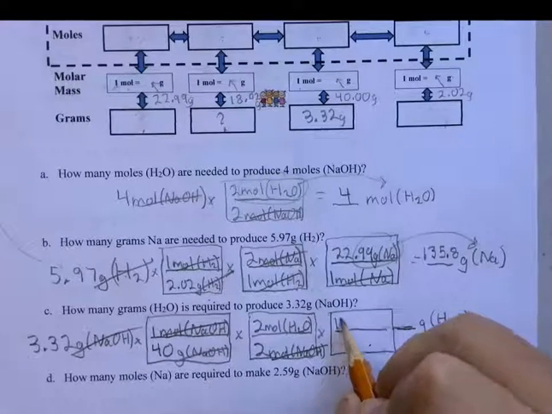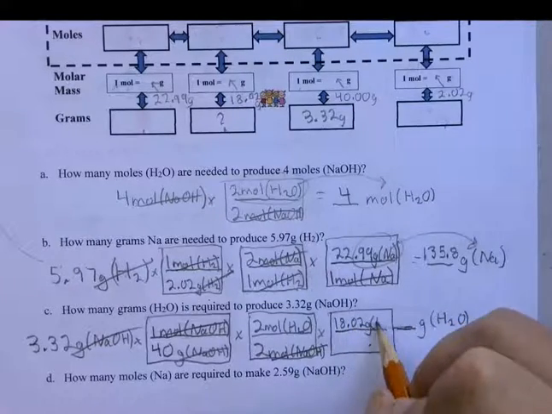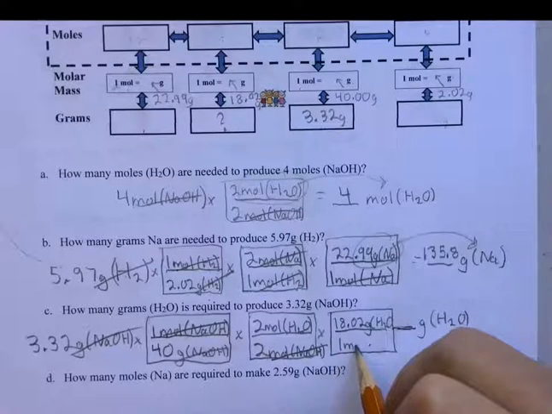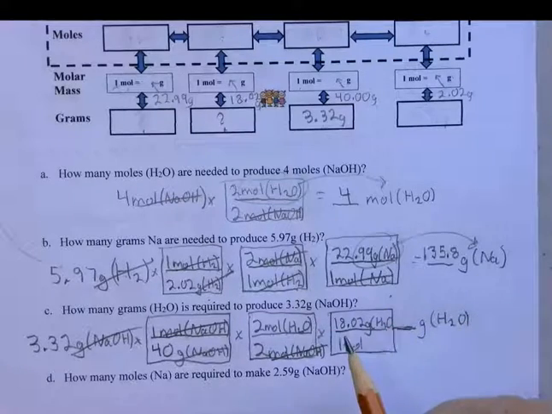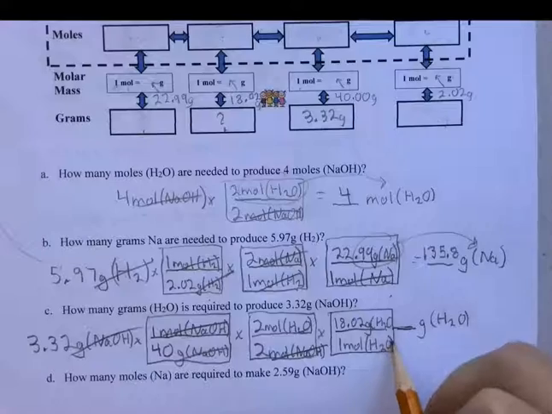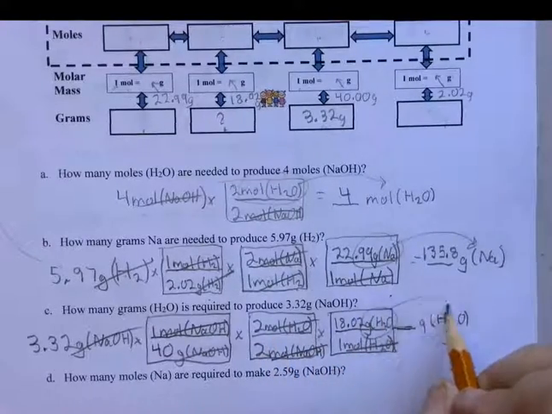So it's 18.02 grams of water. And on the bottom, it is 1 mole. Again, it's a molar mass, so we're using 1, not 2. 1 mole of water. And moles of water cancels moles of water. Last man standing right there.